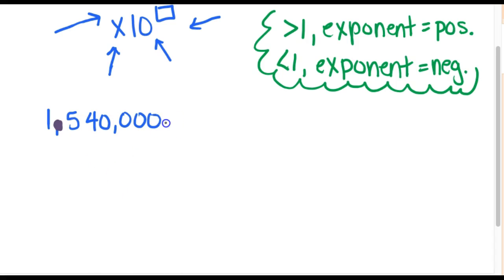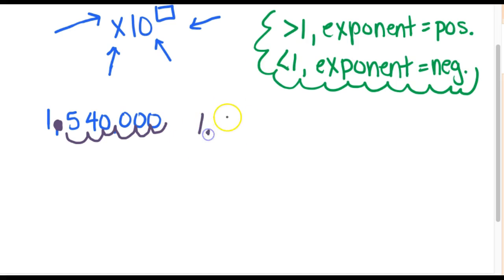So I'm starting here, 1, 2, 3, 4, 5, 6. Remember, in a whole number, your decimal, if we don't see it, is always behind all the numbers. It's kind of the little sibling who always wants to play with you, but you don't want them to, so they just hang out and always follow along.